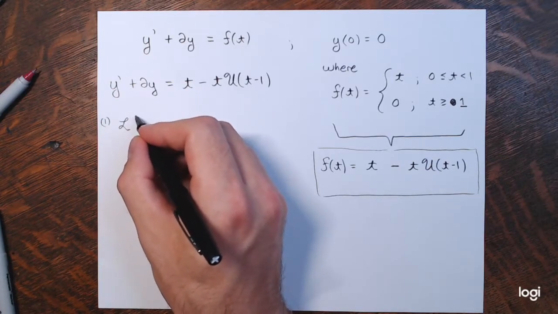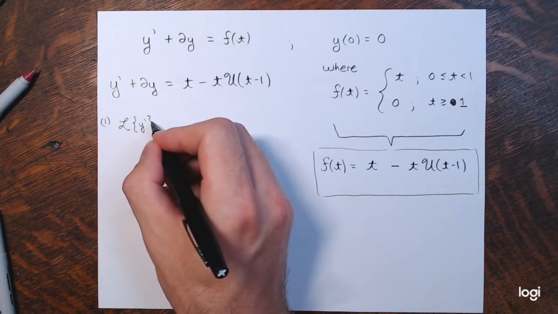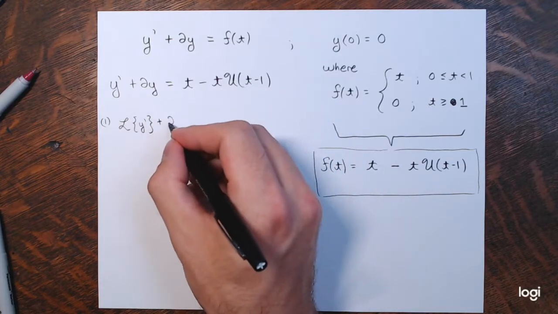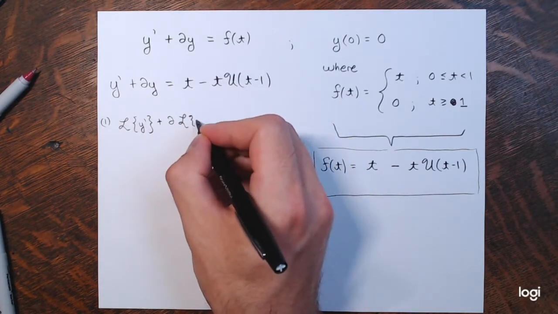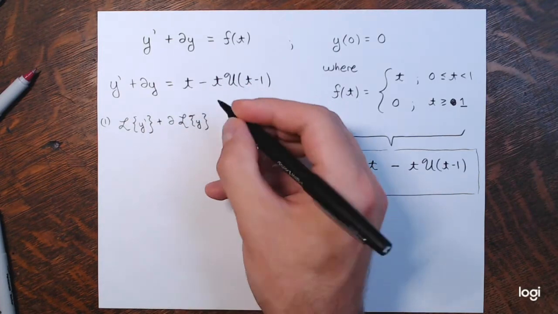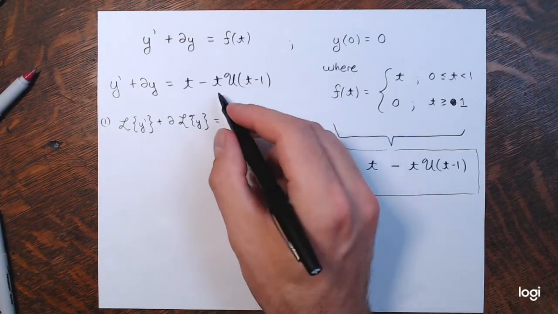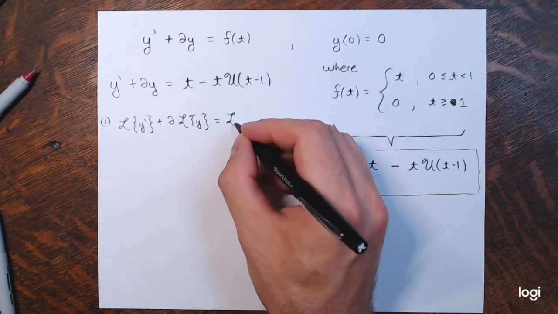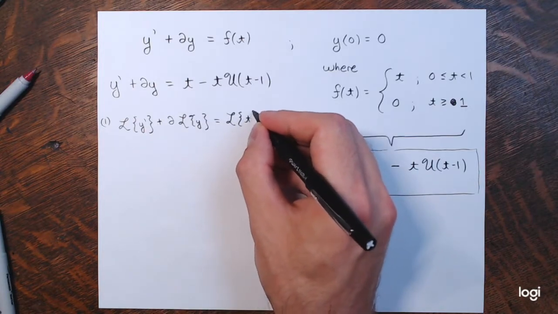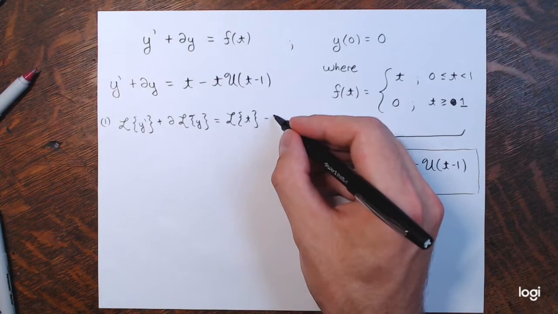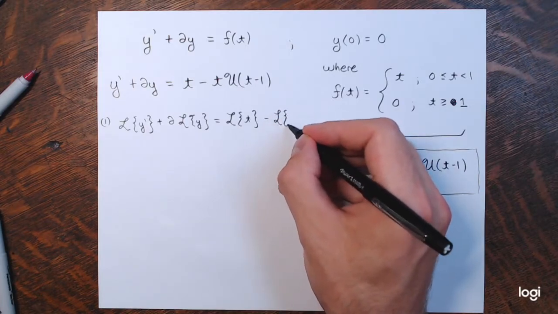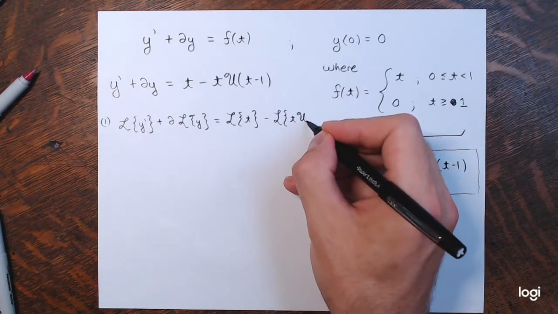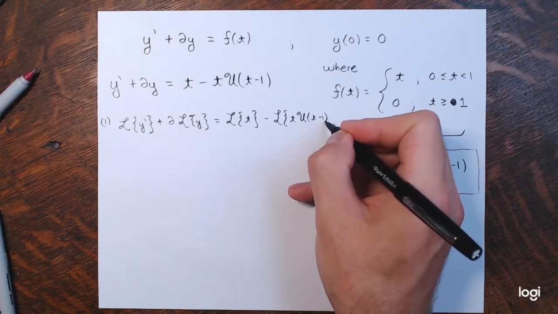So I've got the Laplace transform of y prime plus 2 times the Laplace transform of y equals, now I'll break this up, the Laplace transform of just t minus the Laplace transform of t times the unit step function at t minus 1.